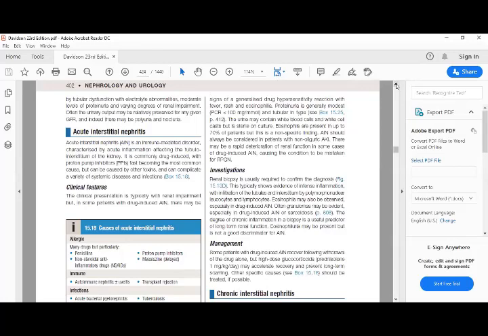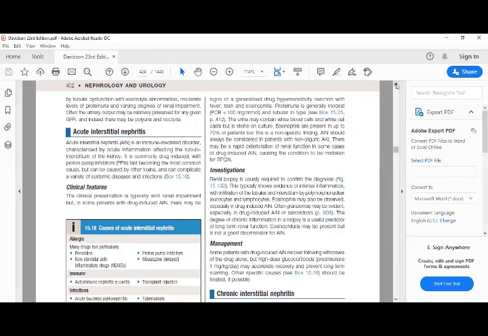Tubular in type means the urine may contain hyaline casts, or the urine may contain white blood cells and white cell casts, but is sterile on culture. Eosinophils are present in up to 70% of patients, but this is a non-specific finding.